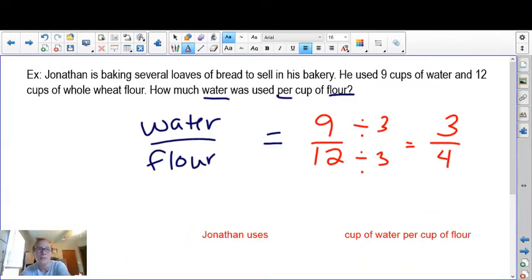And I can't really math type with my smartboard. I don't have enough of the extensions, but that's besides the point. What do you think I'm going to put in my space? Good, that's 3/4. I can use 3/4 of a cup of water per 1 cup of flour. So I'm not using a full cup of water, but that's okay.